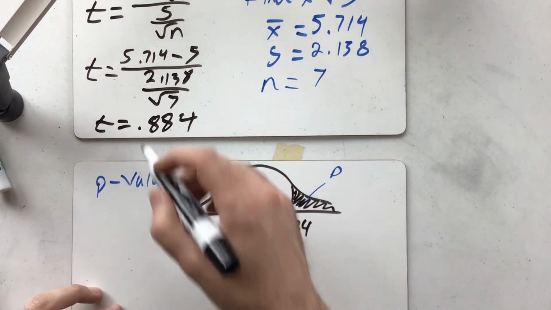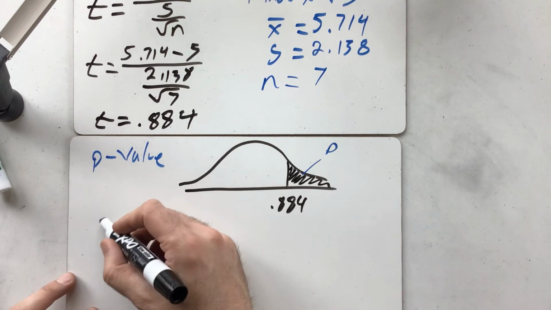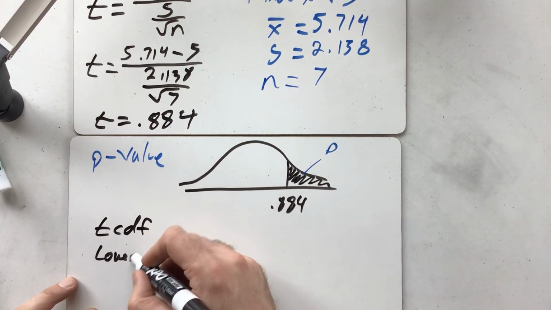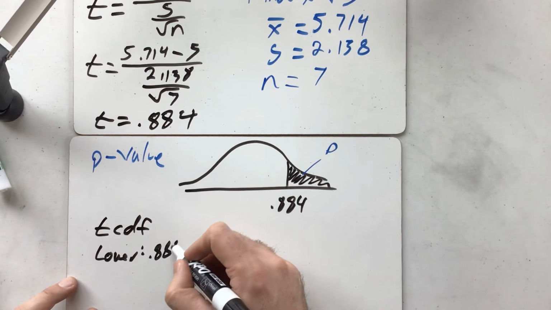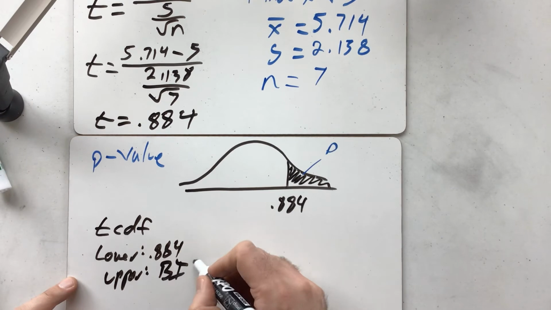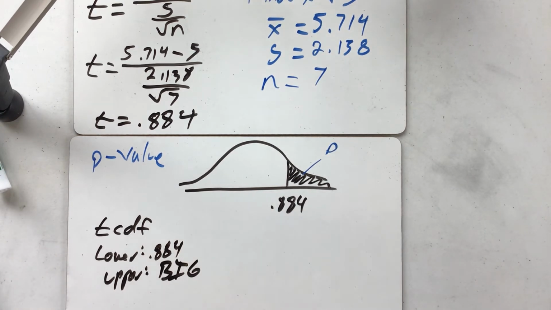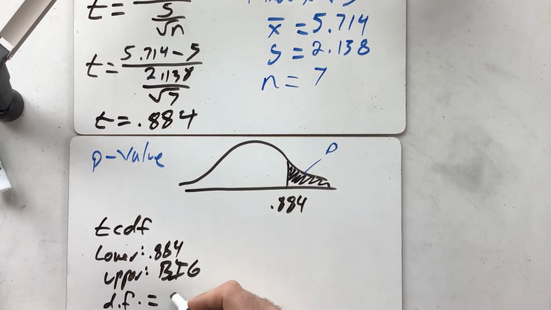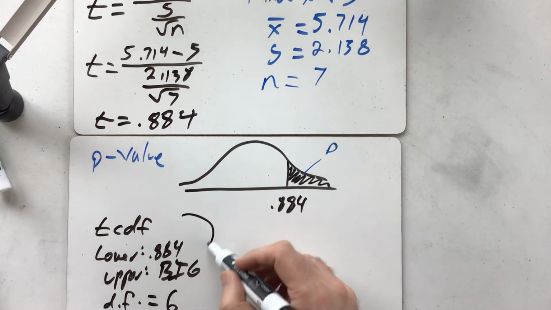We're doing a t statistic, so I'm going to do t CDF. For my lower, I'm going to have the 0.884. For my upper, I'm just going to have some really big number. And then finally, for my degrees of freedom, I'm going to have n minus 1. N was 7, so I'm going to do 6 for my degrees of freedom.